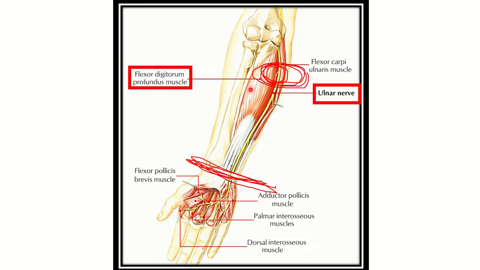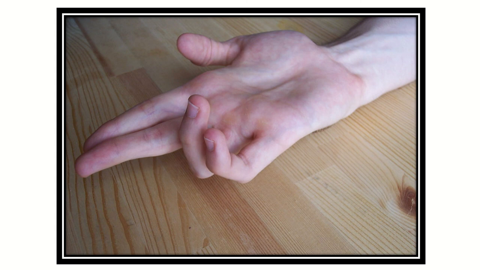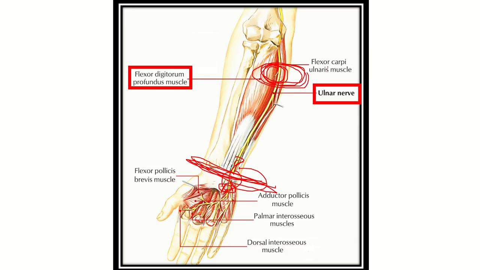This point is very important: if the distal part of the ulnar nerve is damaged, like here or here, it will not affect the flexor digitorum profundus. So in this case, the typical claw hand will be present, because the flexor digitorum profundus acts normally, so there is more claw hand. If the ulnar nerve is damaged distally, then there will be more claw hand.